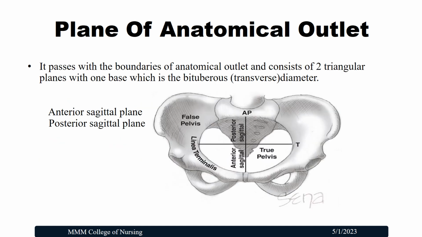Next comes the plane of the anatomical outlet. It passes with the boundaries of the anatomical outlet and consists of two triangular planes with one common base, which is the bituberous transverse diameter. So we have two planes called the anterior sagittal plane and the posterior sagittal plane. This triangle is called the anterior sagittal plane and this is the posterior sagittal triangle plane.